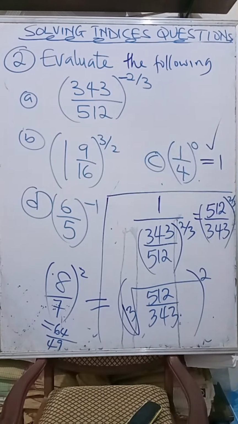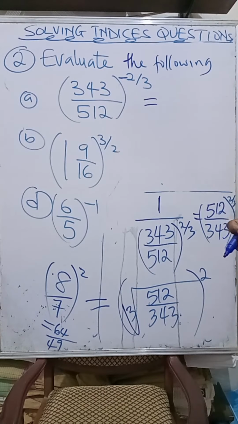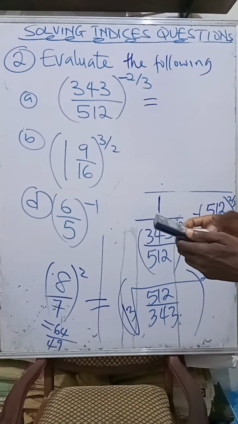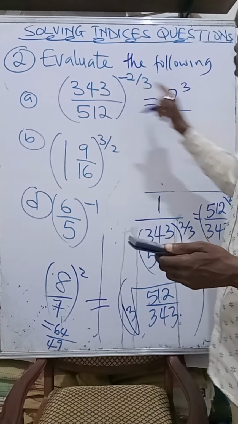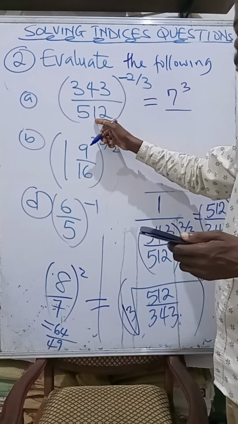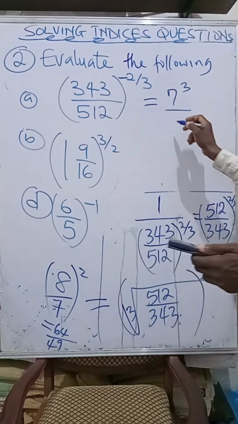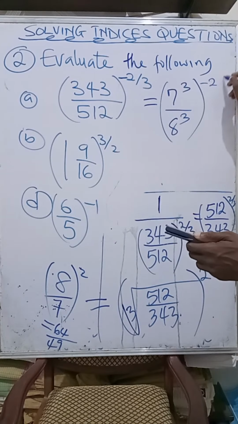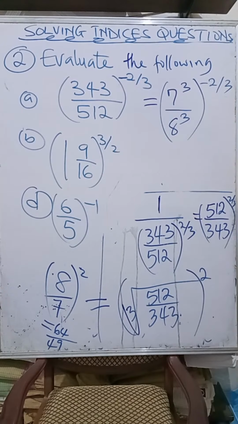So let's go to B part. 343 is 7 to power 3. 512 is also equivalent to what? 8 to power 3.